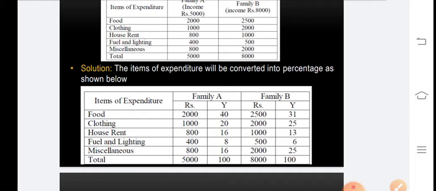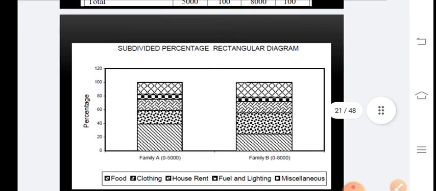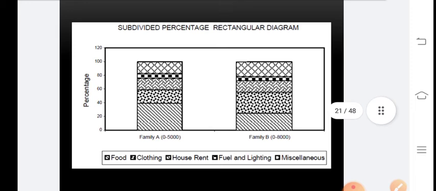With the help of these percentages we have to draw the rectangle diagram. This is the subdivided percentage rectangular diagram.